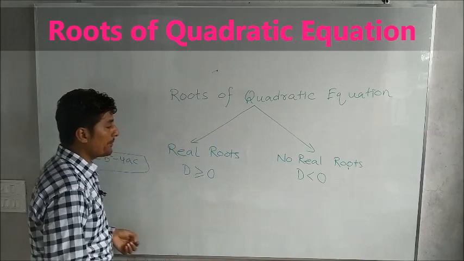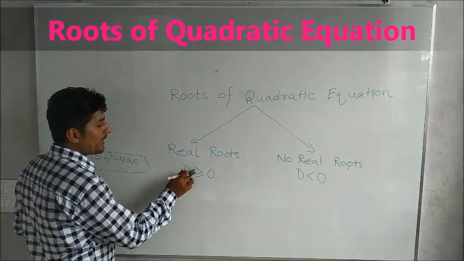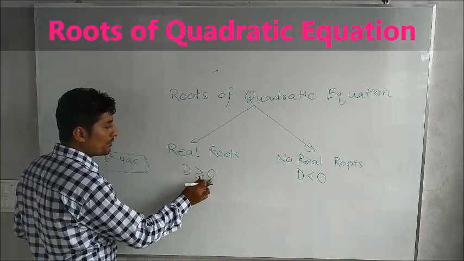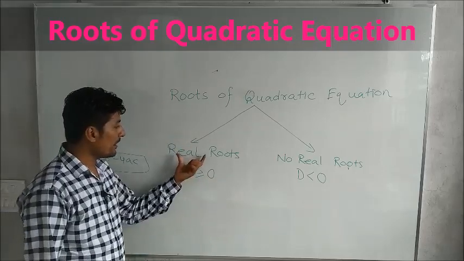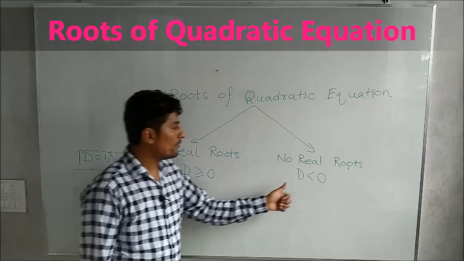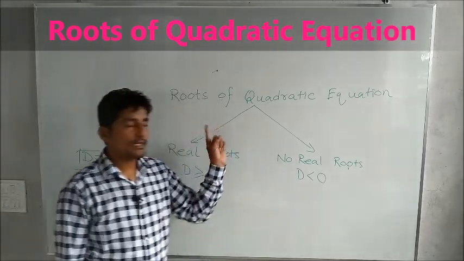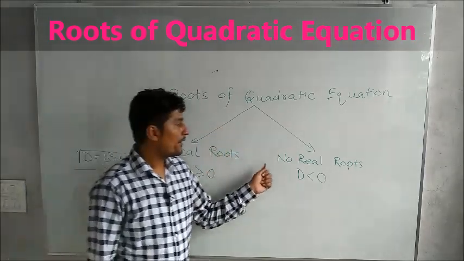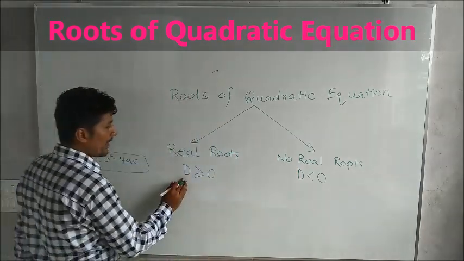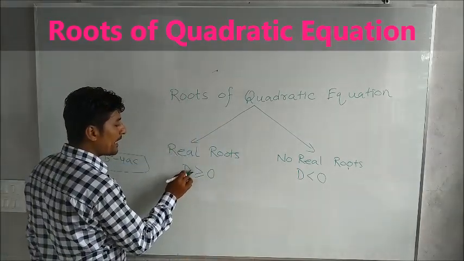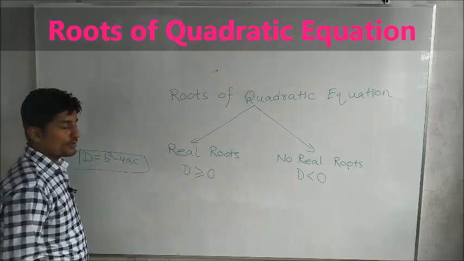Once again I am repeating, if the value of d is either greater than or equal to 0, then the given quadratic equation will have the real roots. If the value of d is less than 0, then the given quadratic equation will have no real roots. Now here I have written two things. D is either greater than or equals to 0.